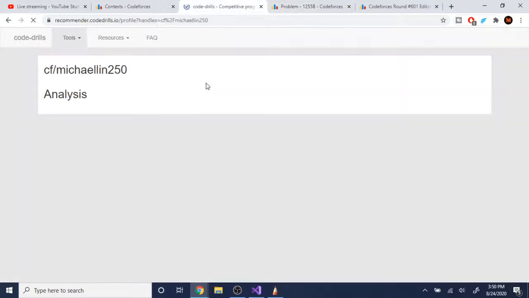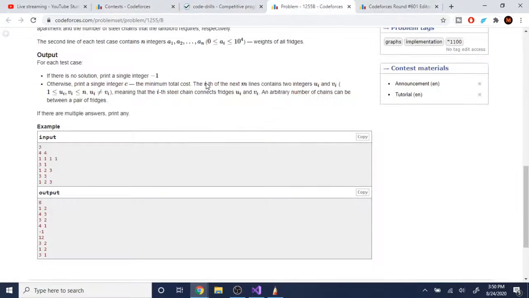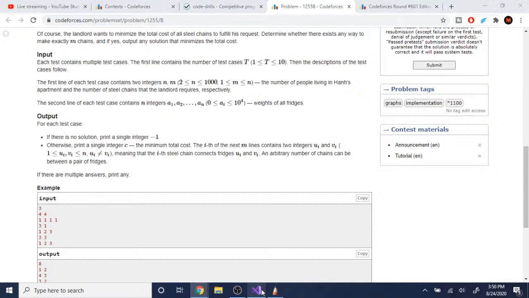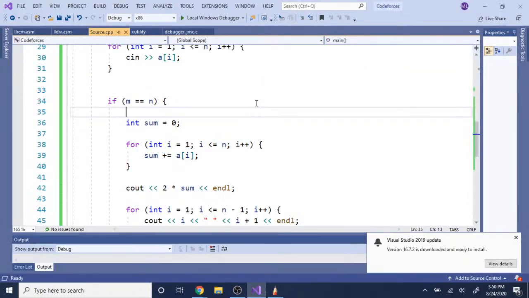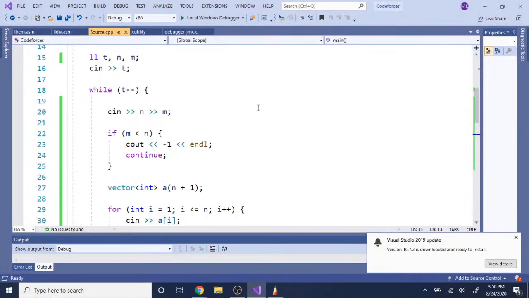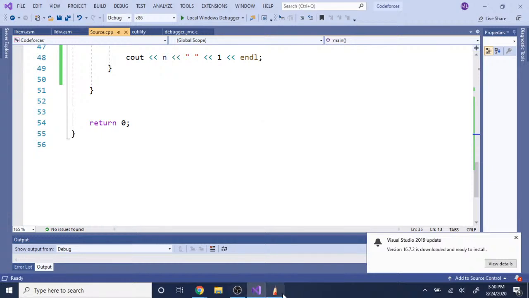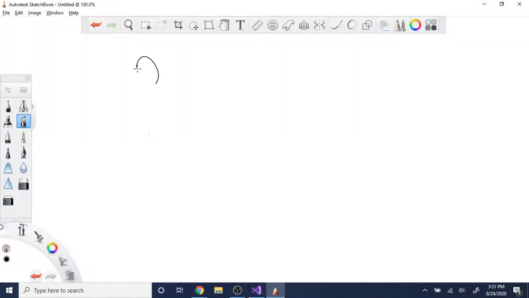What if m is greater than, hold up. So I know that if m is less than n, it's impossible. If n is greater than m, is that impossible? So if I have 2 and then I want 3 chains, so I have 1, 2. Oh no, if it's 2 it's impossible.